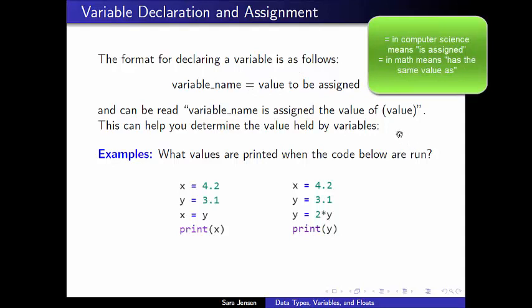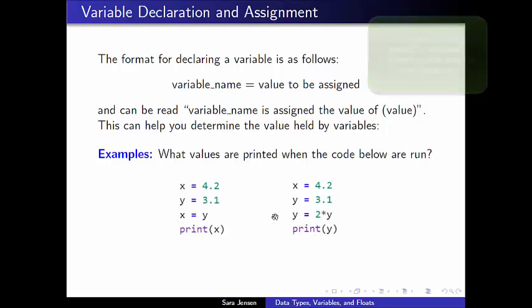That can help you when code starts to get a little bit more complicated, like what we have down here. For example, over here on the left, we declare a variable named x that is assigned the value of 4.2. Next, we declare a variable that is to be named y, and y is assigned the value of 3.1.